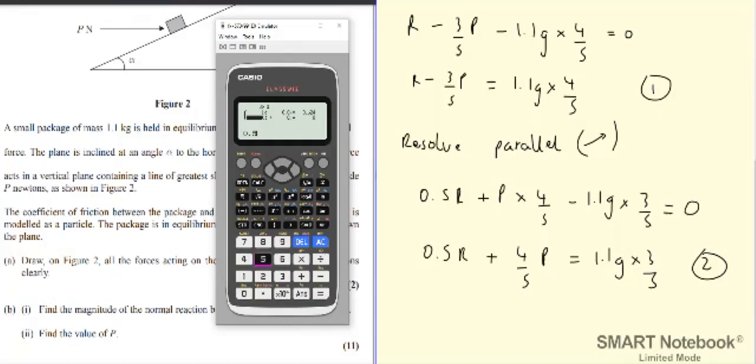Then we've got 0.5R plus 0.8P equals 1.1 times 9.8 times 3 over 5, which is 0.6. So we get R equals 49 over 5, which is 9.8. So R equals 9.8, which is the right answer. And P equals 1.96, which is also the right answer.